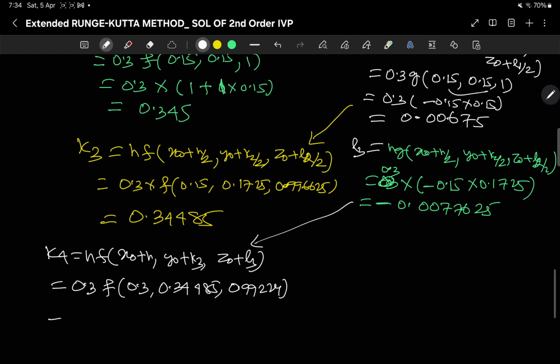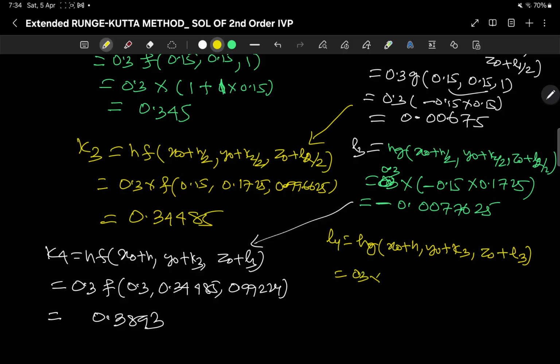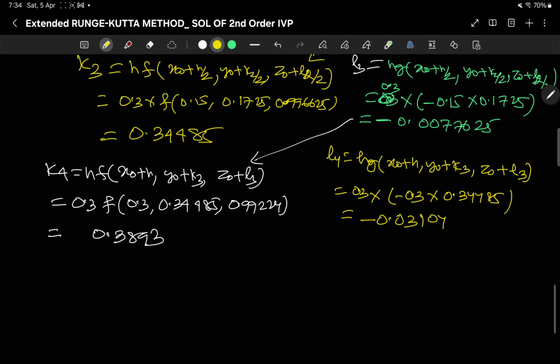If I simplify it, it will give me 0.3893, and accordingly here L4 will be h g of x0 plus h, y0 plus k3, and z0 plus L3. Okay, and this value will be 0.3 into minus of 0.3 into 0.34485. So this is equal to minus 0.03104.